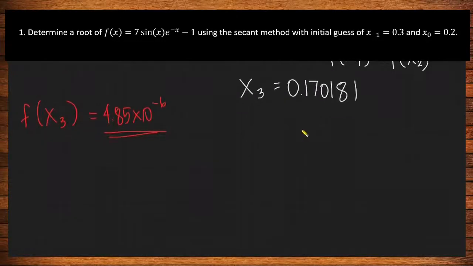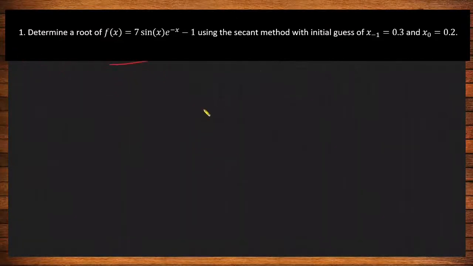Napakaliit na lang. So this means that the value that we have obtained is very, very close to our true solution. So again, as you can see, the method rapidly converges on the true root, like the Newton-Raphson method. So here, after only 3 iterations, yung value ng f of x natin is almost 0.